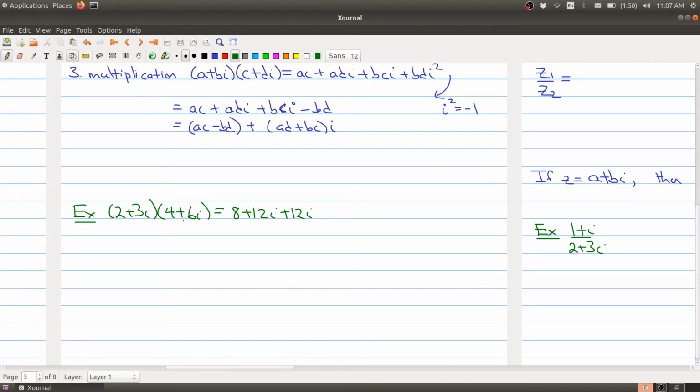And then I have an 18 times an i squared. So this gives me 8, then I have 24i, and then I have a minus 18. It simplifies to minus 10 plus 24i. That gives me the answer to multiplying these two complex numbers together.